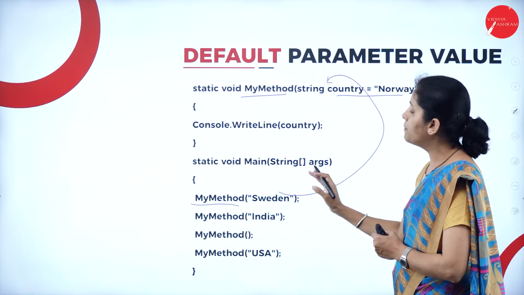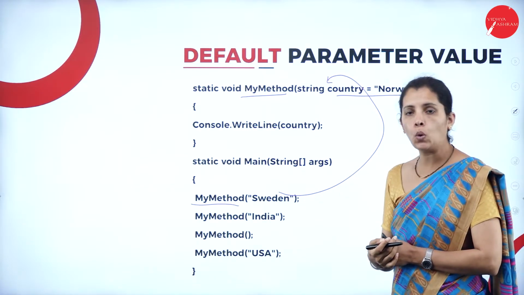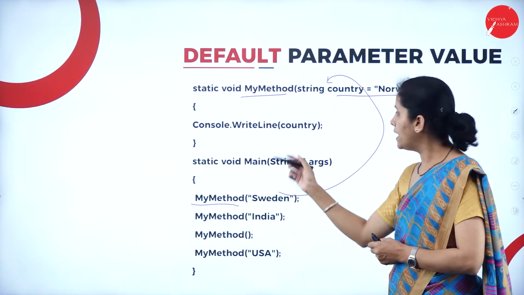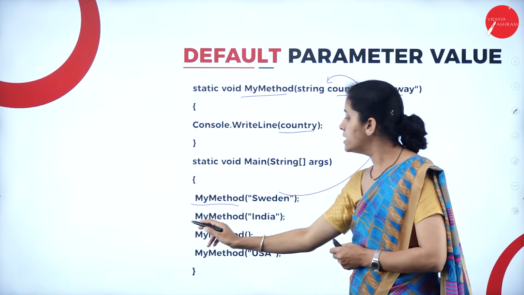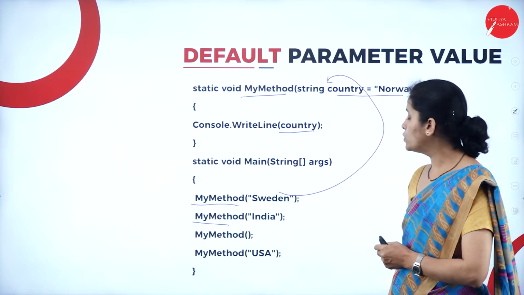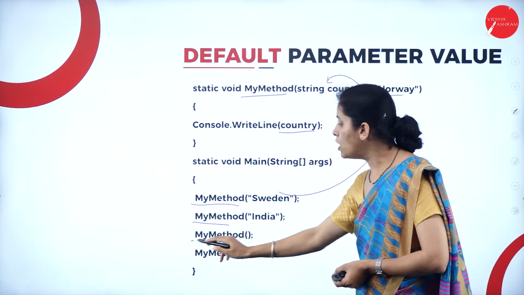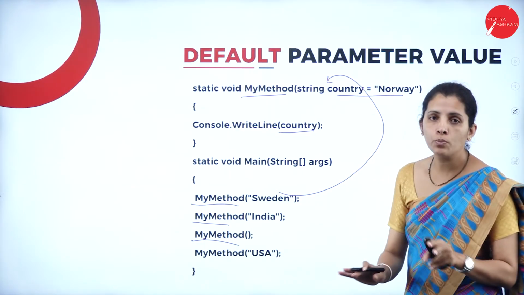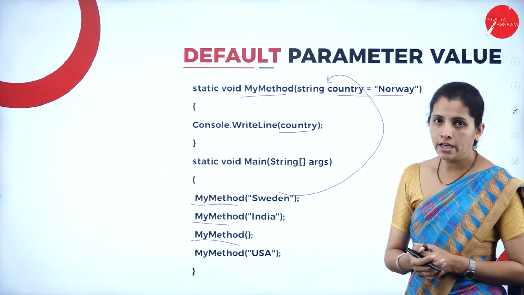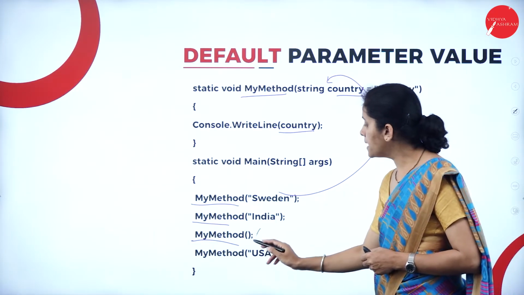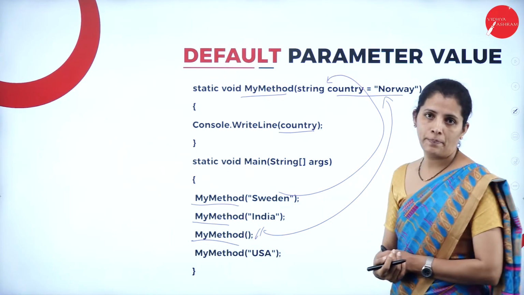So this country can hold Sweden and it's going to display Sweden. Now see here, the second time I'm going to pass India and I'm going to display India. But while calling the third time, I'm not going to pass any value or any parameter. At that time, this method is capable of accessing Norway.